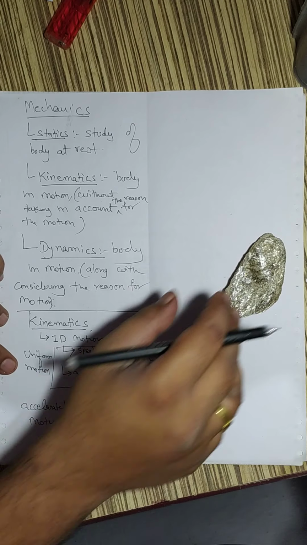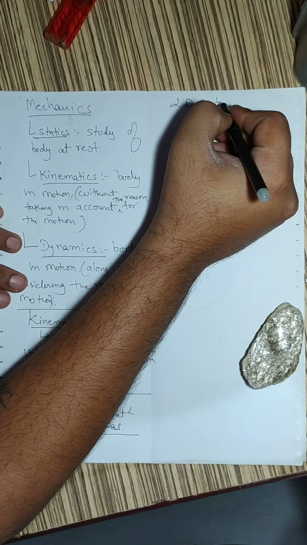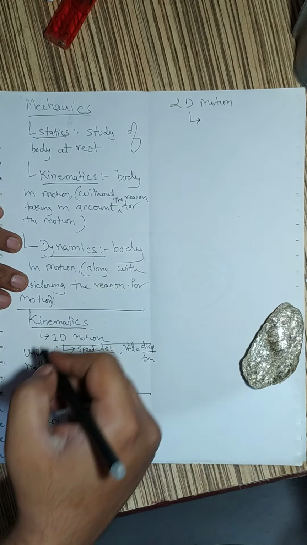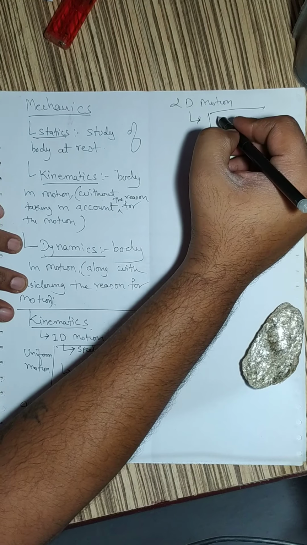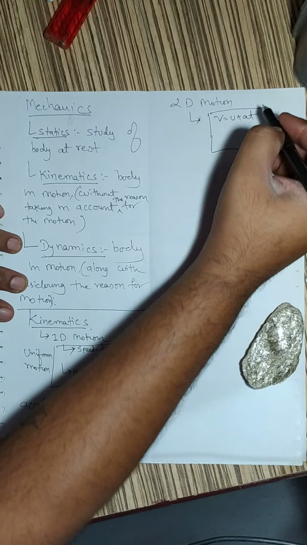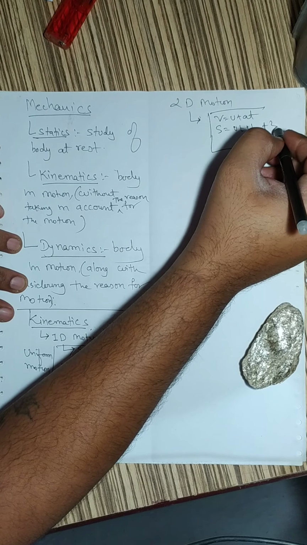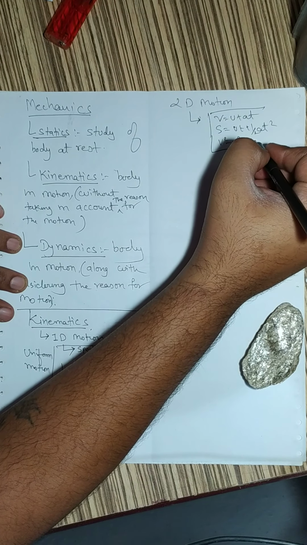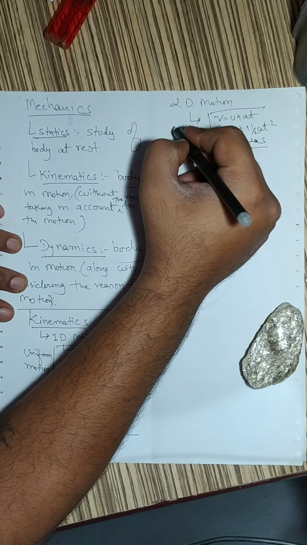Then after this we move on to 2D motion. In 2D motion, again we will study the same equations. v = u + at, s = ut + 1/2 at², and v² - u² = 2as. These equations we will study, but with the help of vectors.